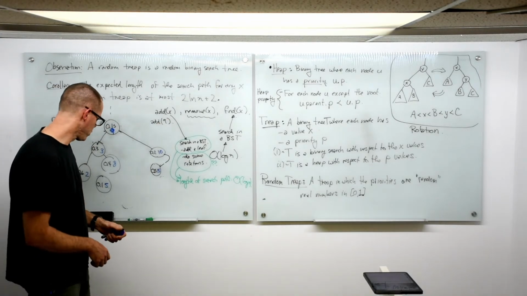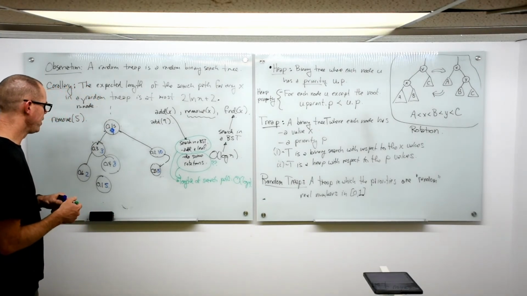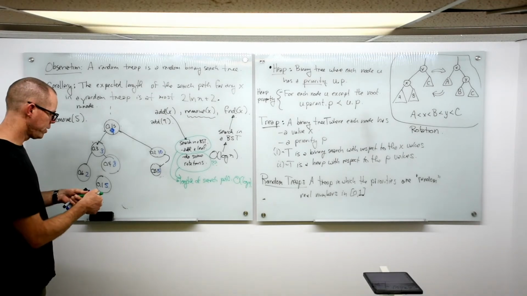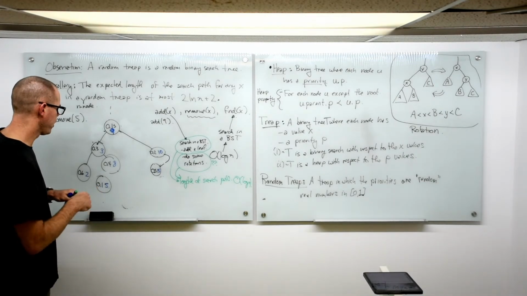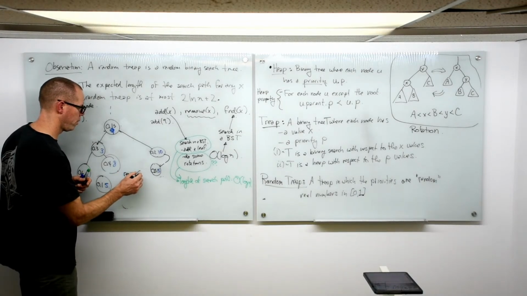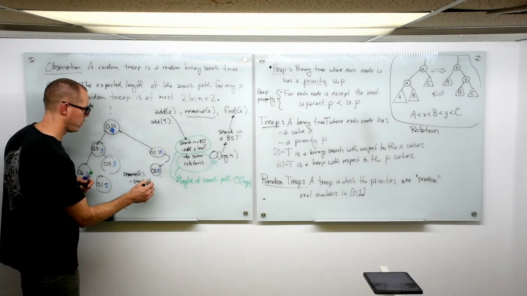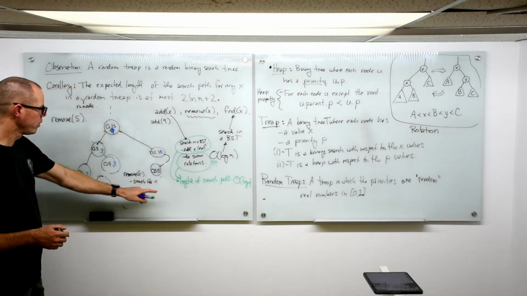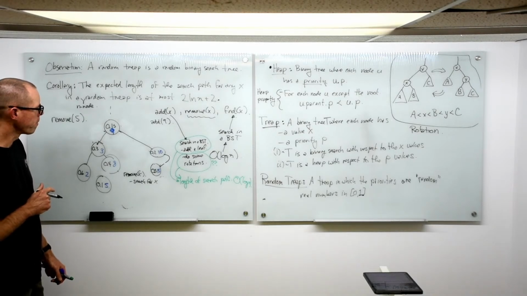And let's just quickly analyze that. What does the remove operation look like? When we remove, we search for x. We have to find the node that contains the value we want to remove. But that's okay.